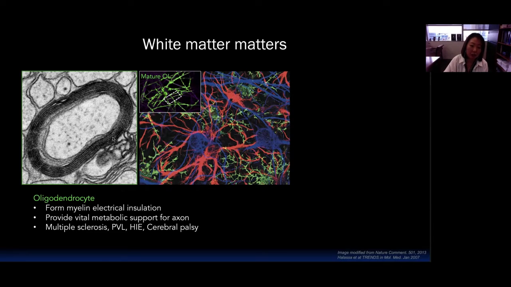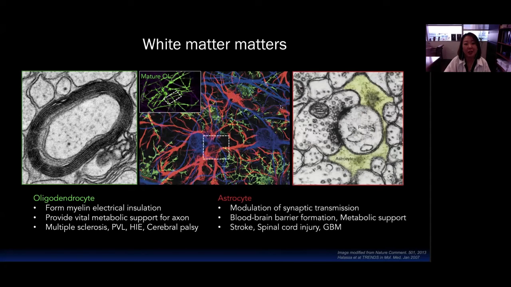If this myelination is impaired, it causes a lot of disease, which I will touch on a little bit later. Another cell is called the astrocyte, the most abundant CNS population. Astrocytes interact with the synapse, so they are important for synaptic transmission.